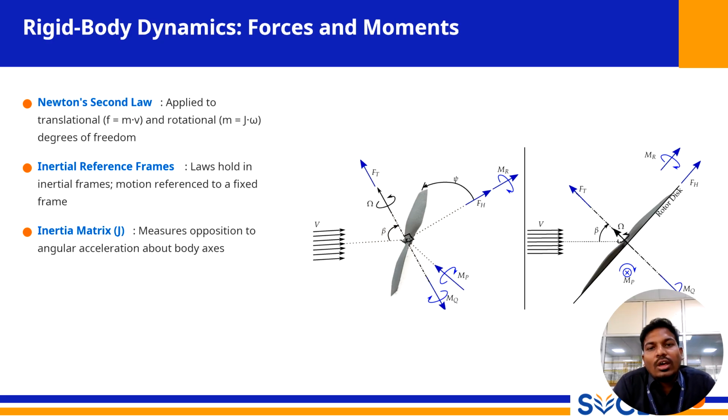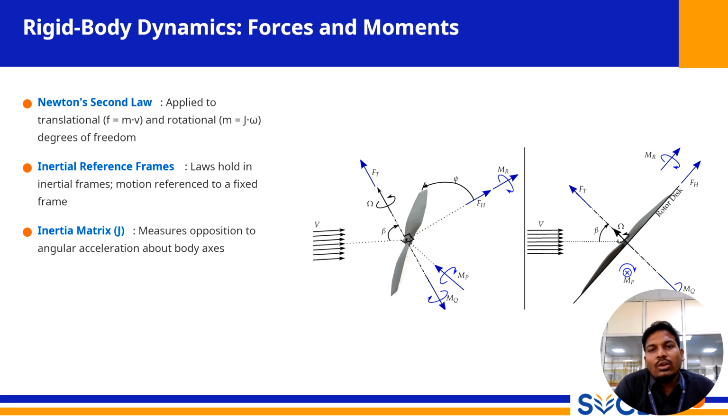This introduces a significant challenge because many of our forces and measurements occur in the drone's own body frame, which is constantly rotating. To correctly apply Newton's law, we must use the coordinate transformation we discussed earlier to translate everything back to the inertial frame, a process that adds mathematical complexity but is essential for accuracy.